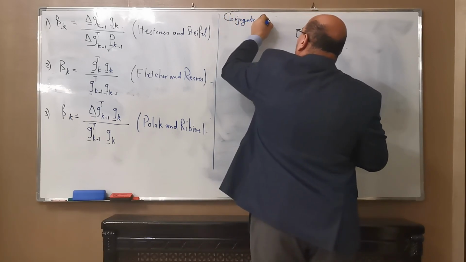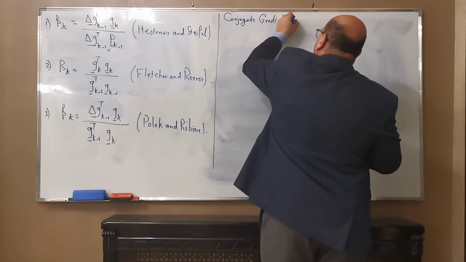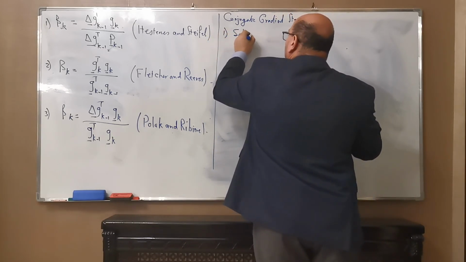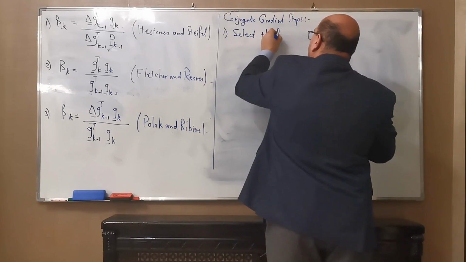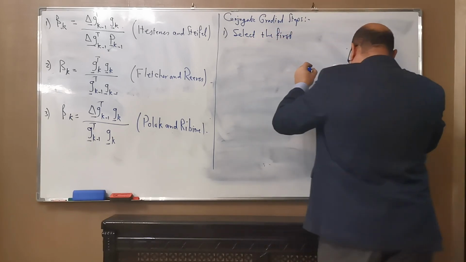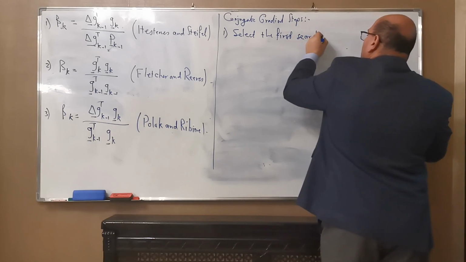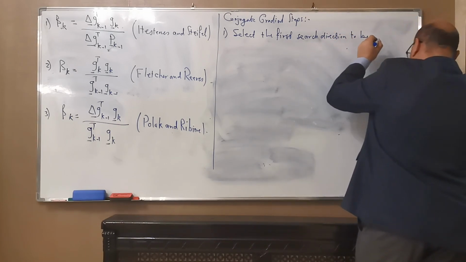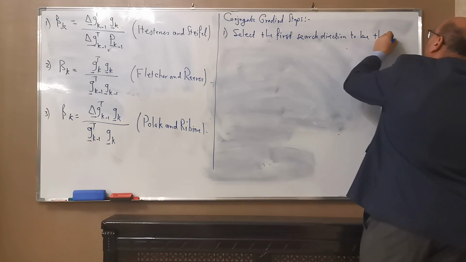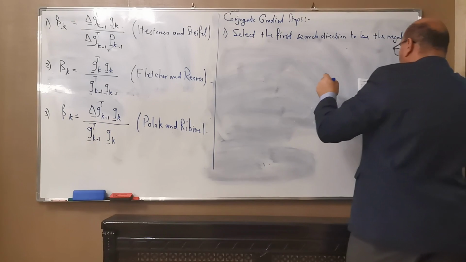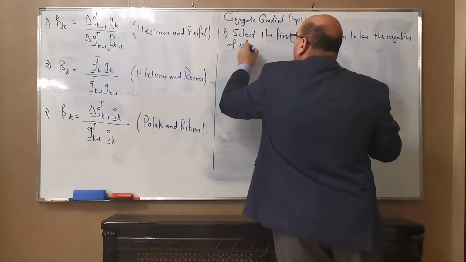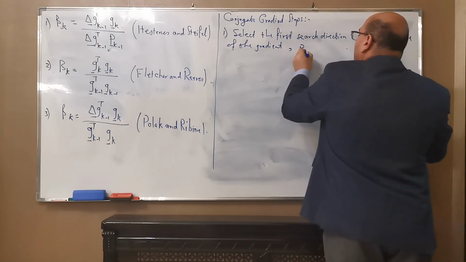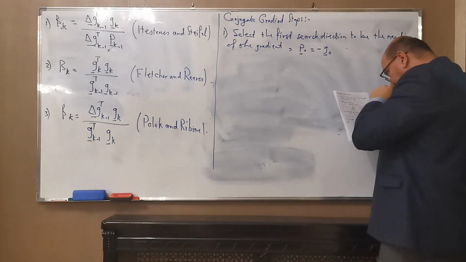Step number 1, we have to select the first search direction to be the negative of the gradient. So we'll choose P0 equals minus G0.